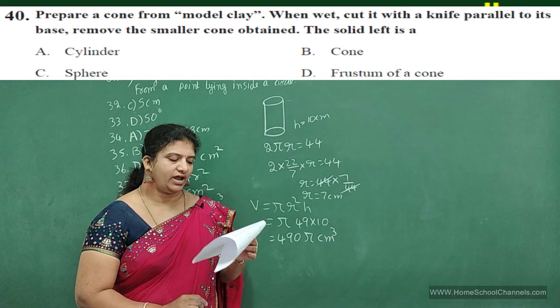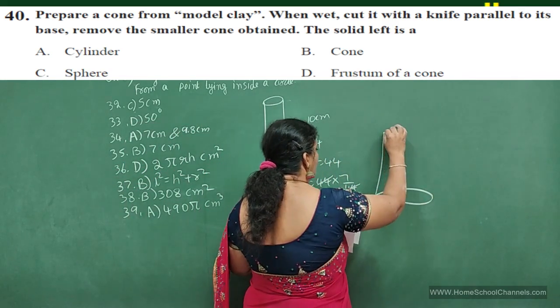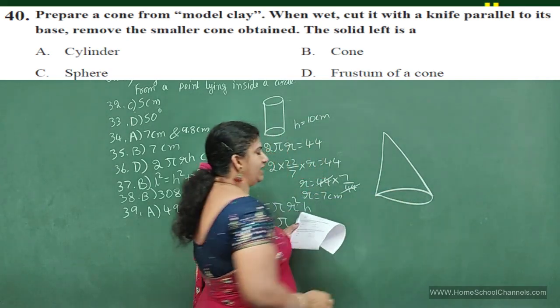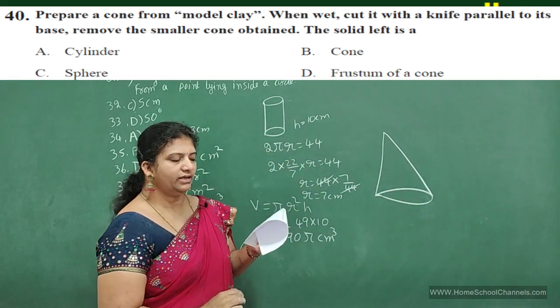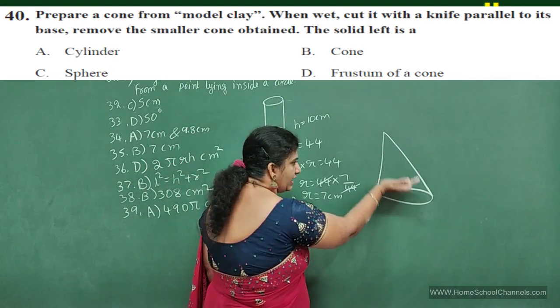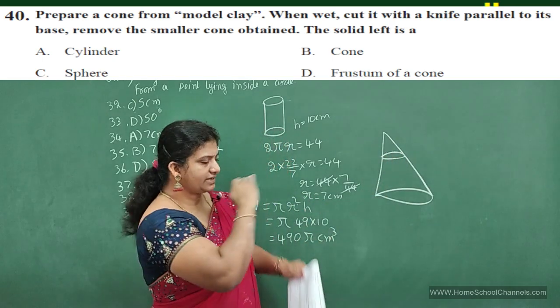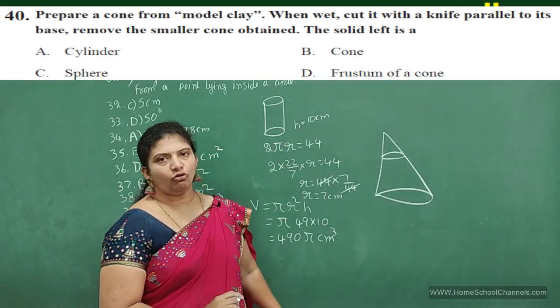Coming to your last question, 40th question. Prepare a cone from model clay. When wet, cut it with a knife parallel to its base. Okay, it is cut. Remove the smaller cone part.